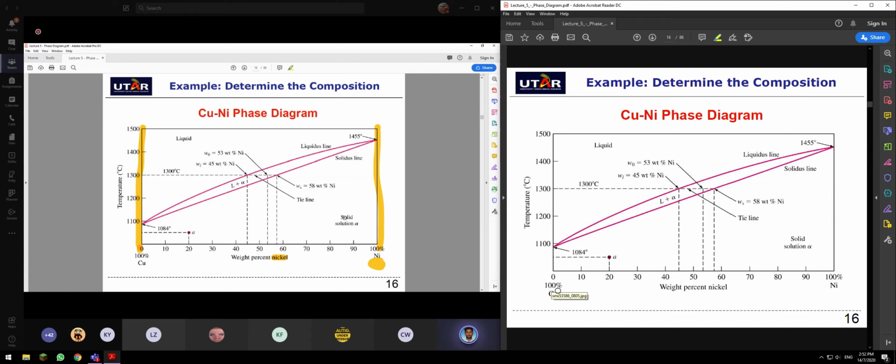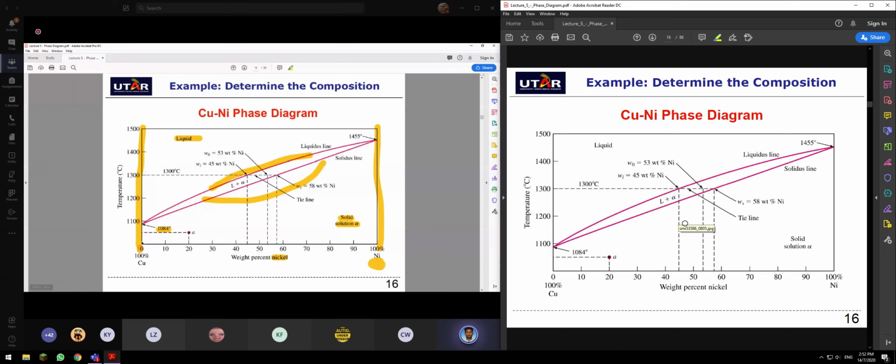Over here is all solid solution. Over here is all liquid solution. This is your liquidus line. This is your solidus line. This is the melting point for copper, where the liquidus line and solidus line meet. Copper here is solid.